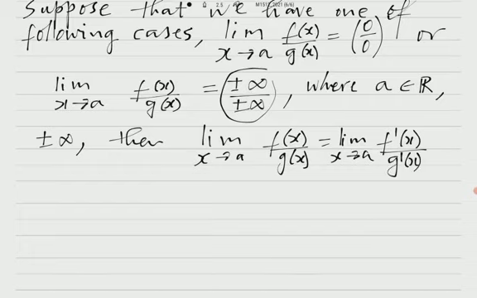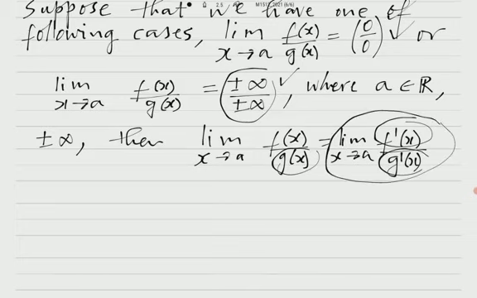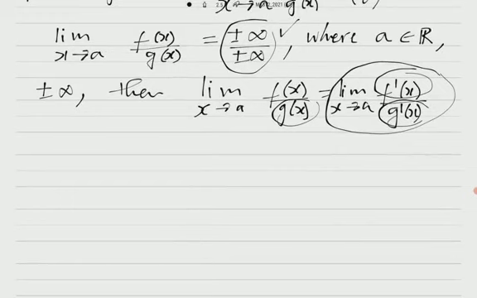So L'Hospital says once we have these two forms, straight away you can take the derivative of the numerator to get f prime, and then take the derivative of the denominator to get g prime, and then you will get the same value of the limit. And this is very good. You will see that it is going to simplify our work nicely.